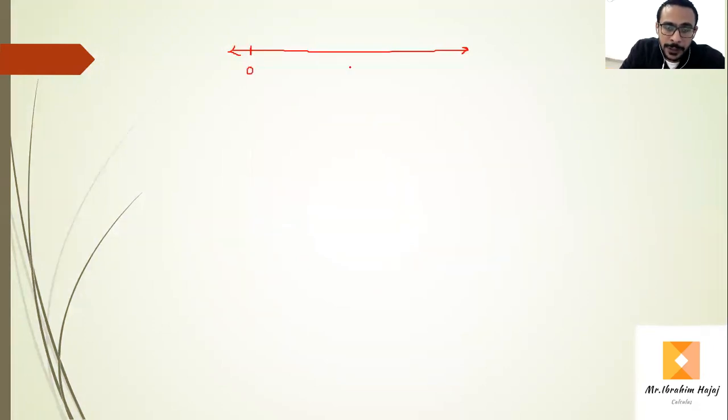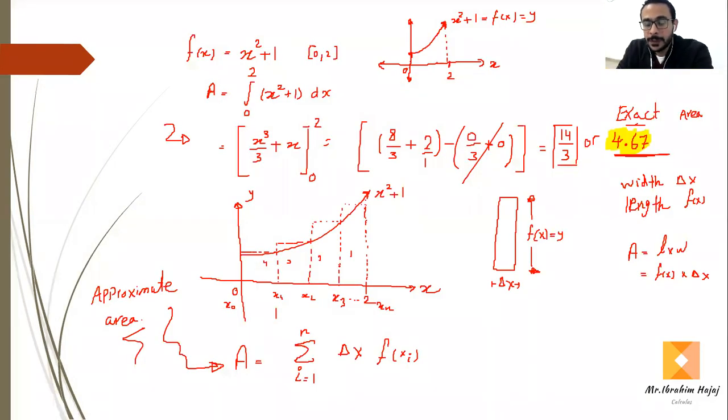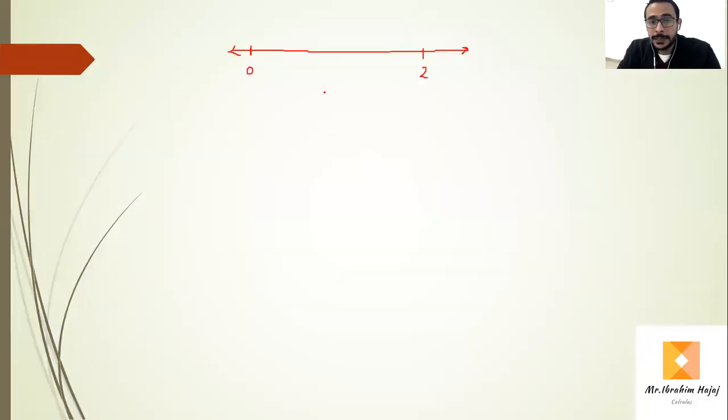And we have the function x squared plus 1, and we would like to find the area in a bounded area between 0 and 2. So if we divide this area into 4 rectangles, as you see before in the previous figure, the distance between them must follow certain rules.